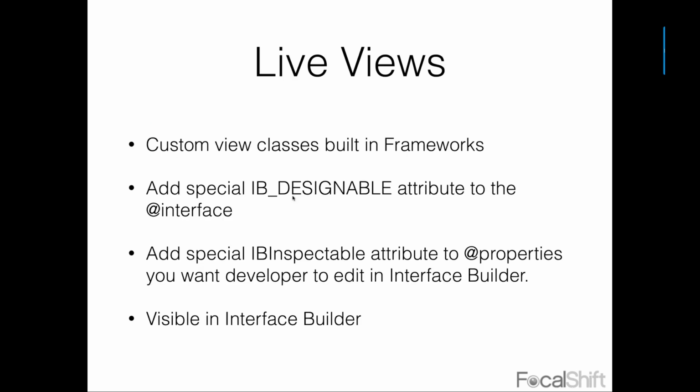We'll look at how those work in a demo in a few minutes, but there are a couple other items I want to go over that are also new with Interface Builder. We have this concept now of what they call live views, and it's not uncommon when you're building out the user interface of an application to create custom views.